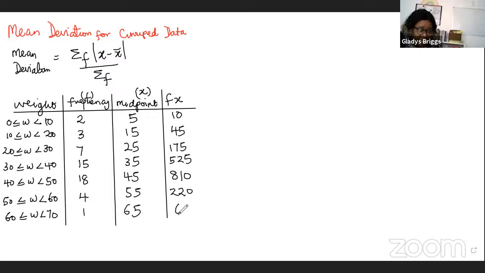And 1 times 65 is 65. Guys, can you verify those numbers on your calculators, please? Check that I've written them down correctly and there is no mistake.